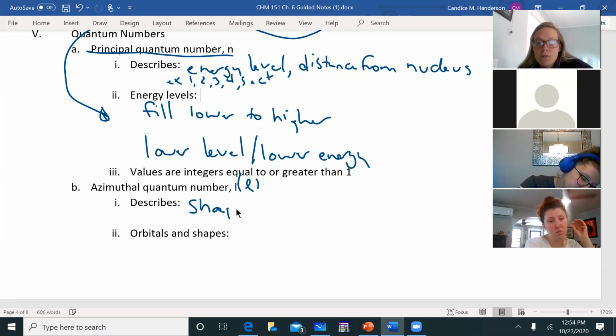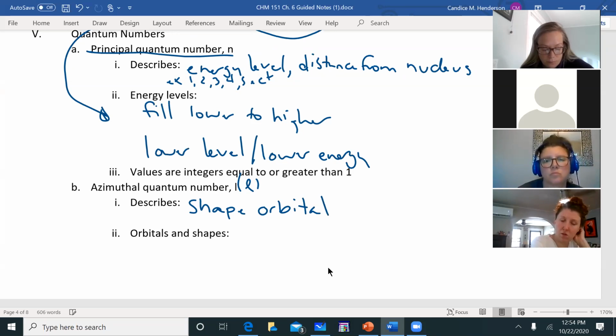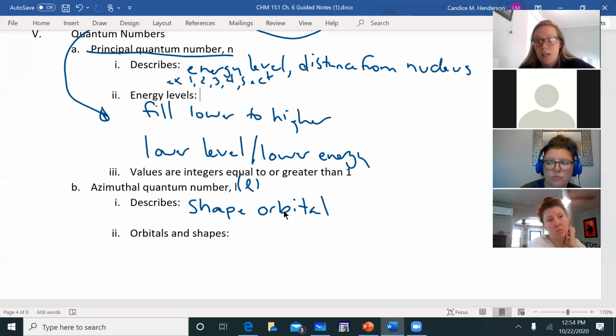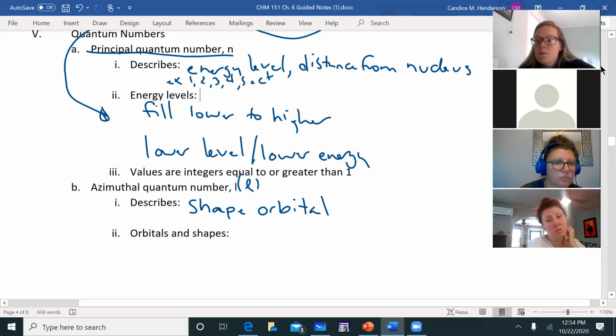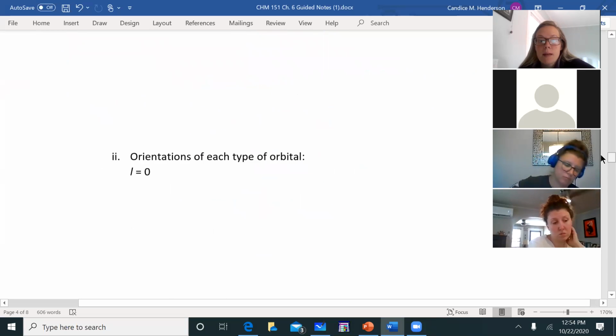So now it's not enough just to say I'm at energy 1, 2, 3. I need to say the shape of the orbital as well. The shape is important because it gives us a better idea where the electrons are and how many electrons we could find.